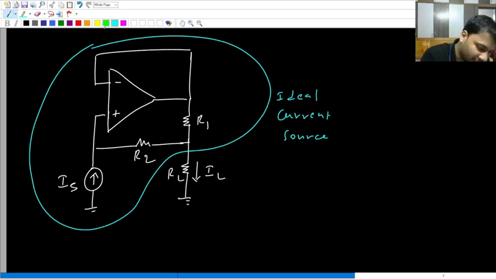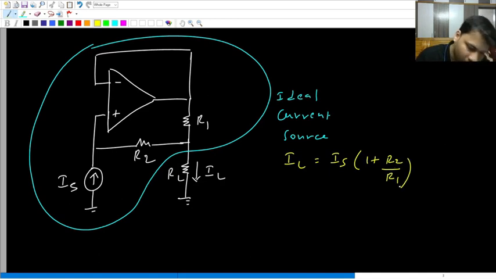Let me again write the expression for IL, which is Is times 1 plus R2 by R1. So what is the point to be noted here? That the load current depends on Is, the value of this current source. So if you vary the value of Is, even your load current will vary.